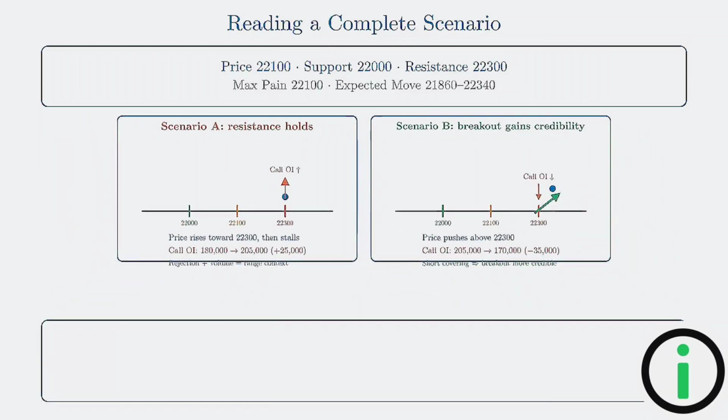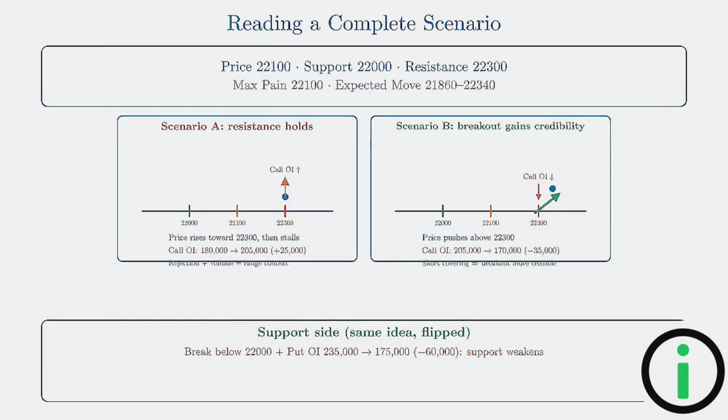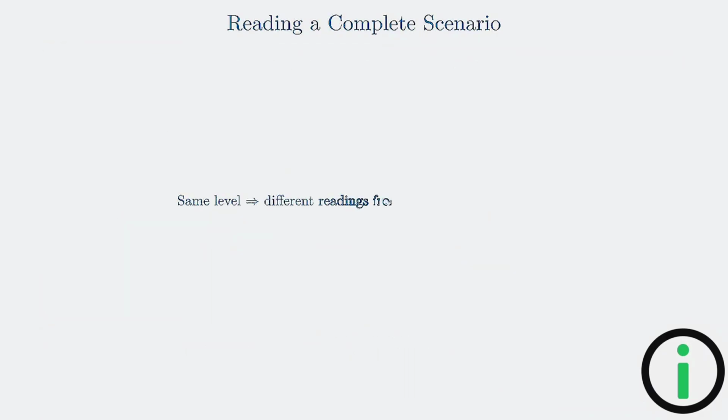On the downside, if price breaks below 22,000 while put OI falls from 235,000 to 175,000, the 60,000 contract reduction supports the idea that support is weakening. If put OI instead rises to 235,000 while price holds, support may be strengthening. The same level can therefore produce different interpretations depending on what changes around it.